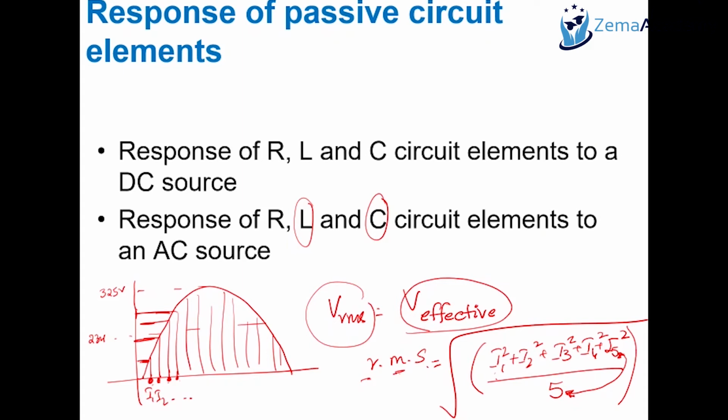Okay. So you've already studied the behavior of L and C in your single-phase AC circuits, and also in your machines and power electronics module, you saw a simple buck converter, and you saw how the inductor behaves, what it does, and how it's helpful for the circuit operation.